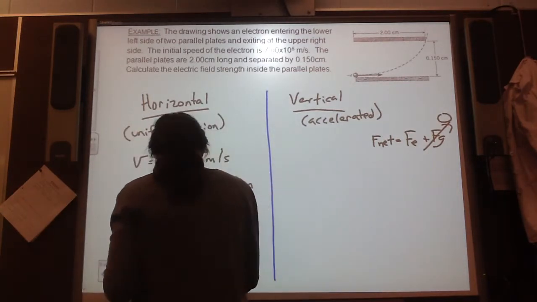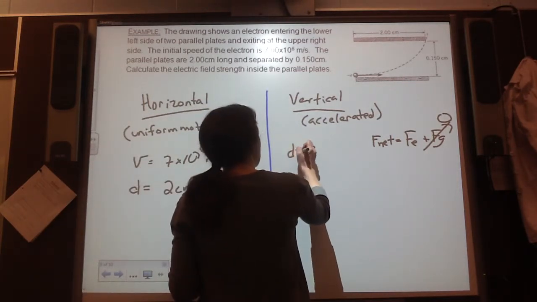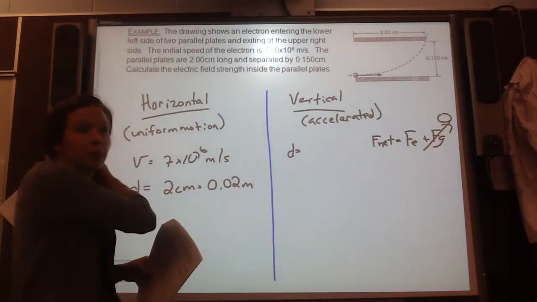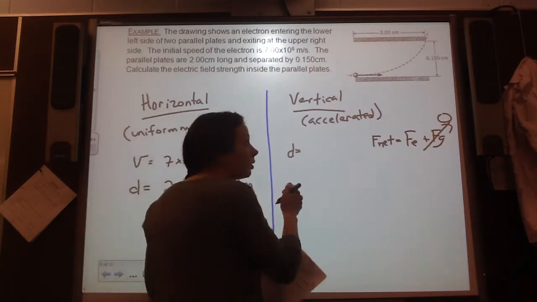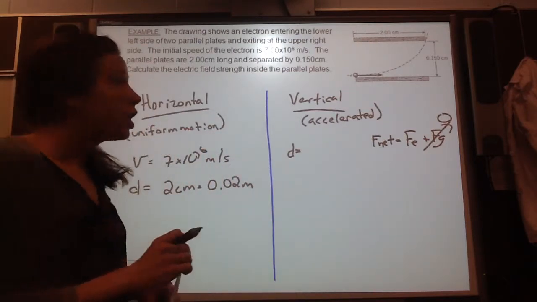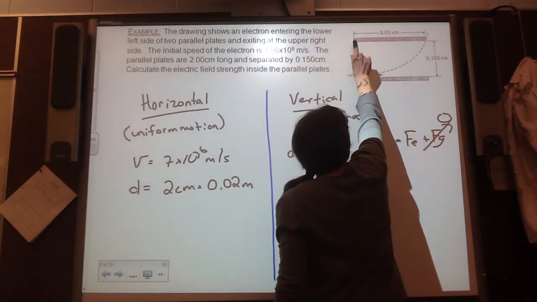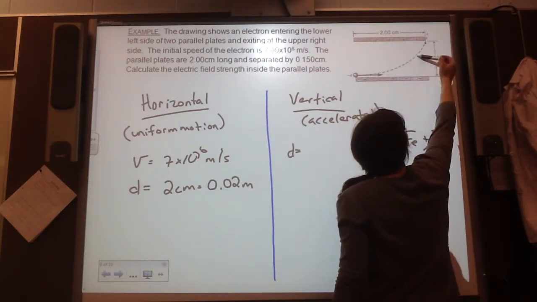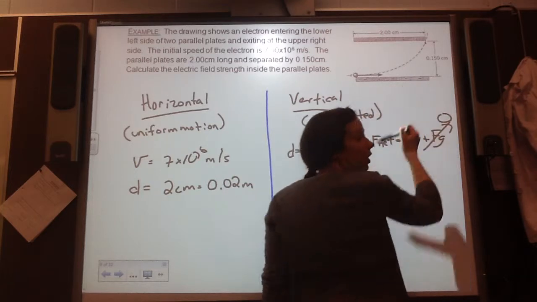What do I know about this side? My vertical distance. What's my vertical distance, Kim? Vertical distance. So think about it, the object went this far horizontally, but it went this far vertically.